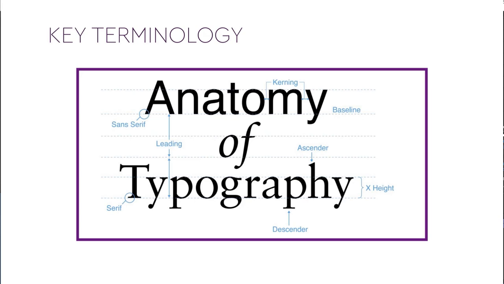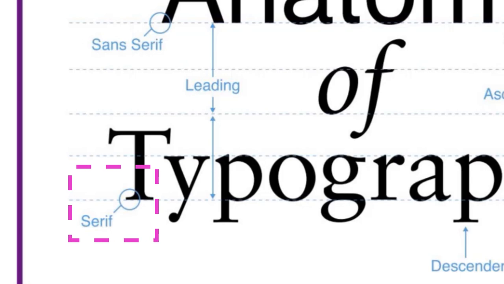Now, the first terminology I want us to learn here is called serif. Serif is a short line, as you can see there, added at the beginning of a stroke or also at the ending of a stroke. The one we have is the one at the T there.